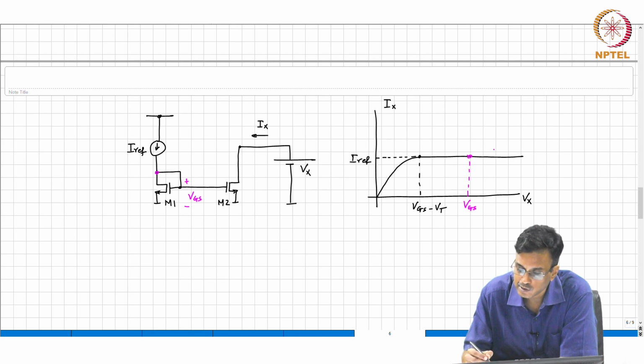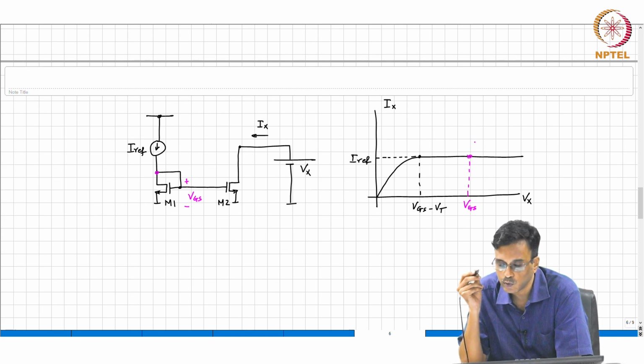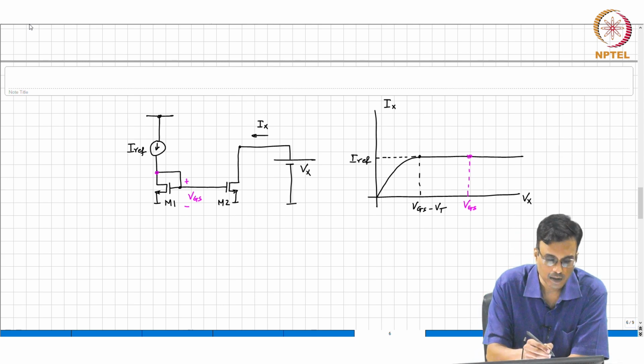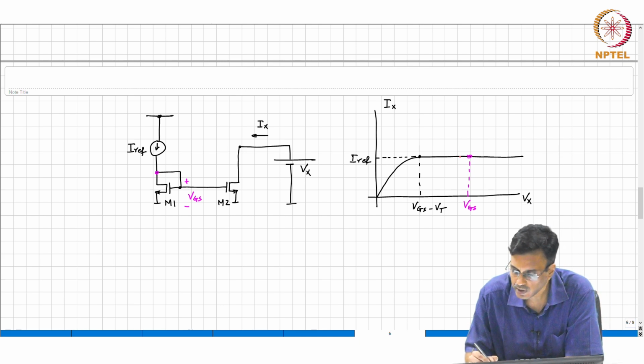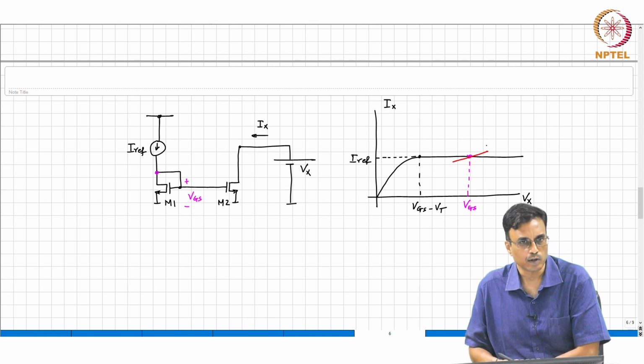Increase, right. So, what will be the slope of the characteristic around Vx equal to Vgs? I hope all of you are able to see this, right. It's pretty straightforward. Around the operating point, the gate source voltage is fixed, correct, it is not changing.